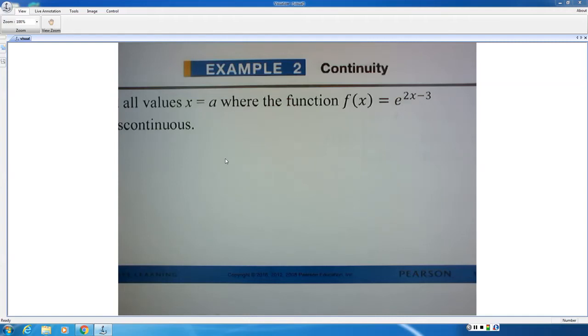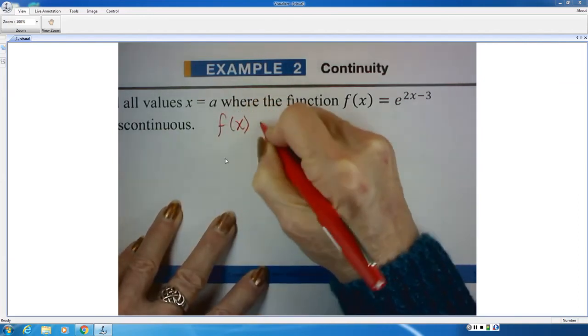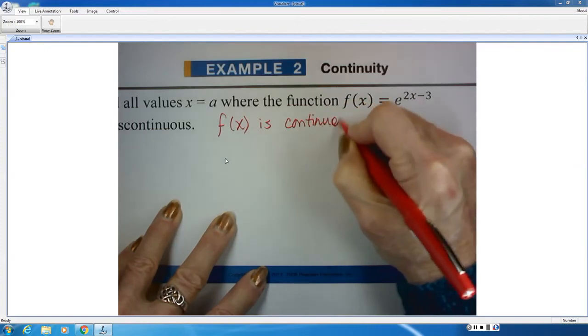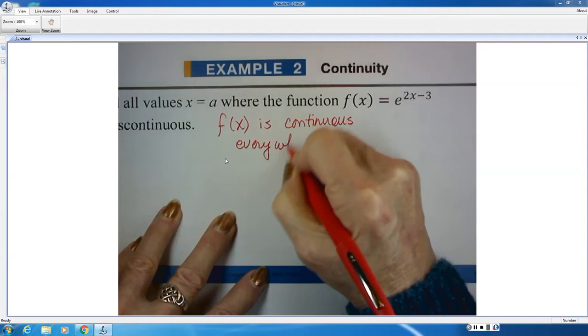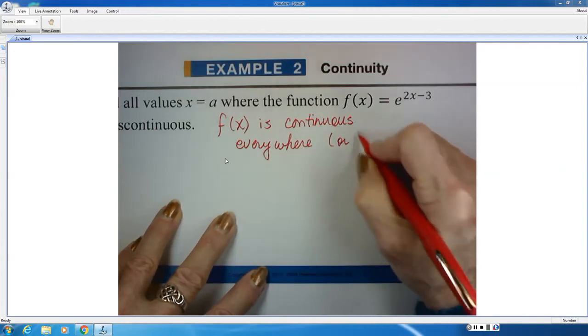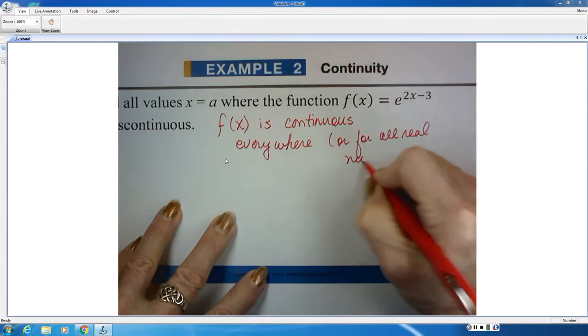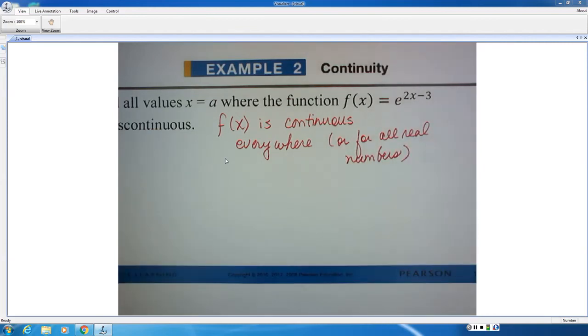So tentatively, we're going to say we think it's continuous, not discontinuous, everywhere, or in other words, for all real numbers.